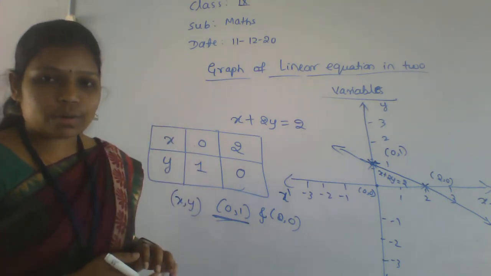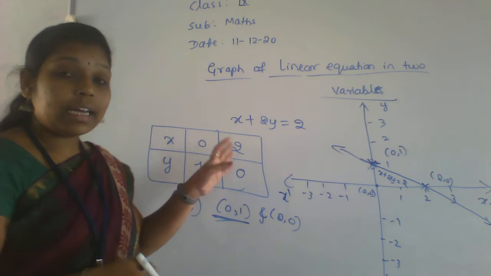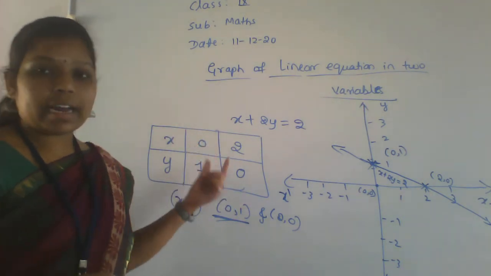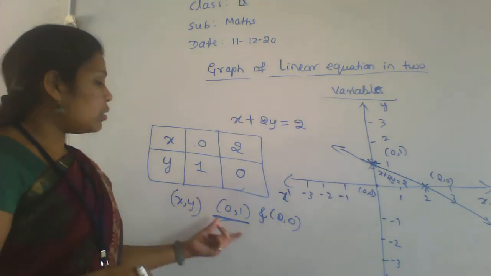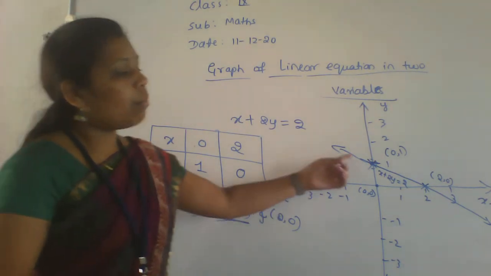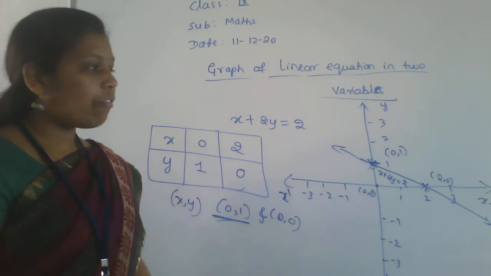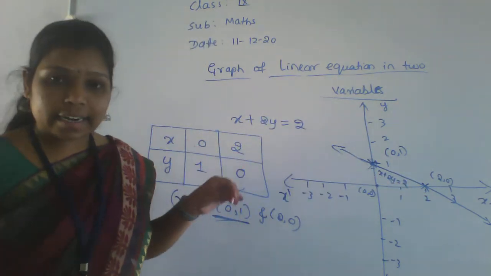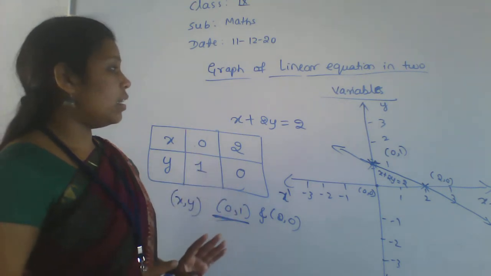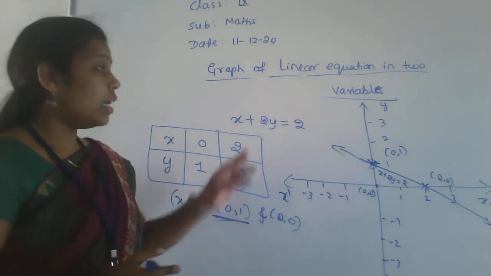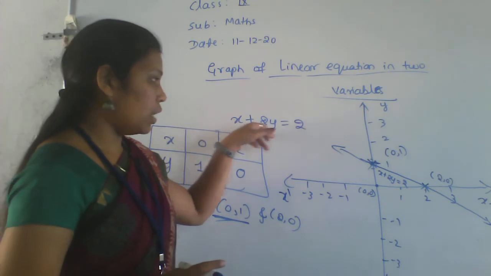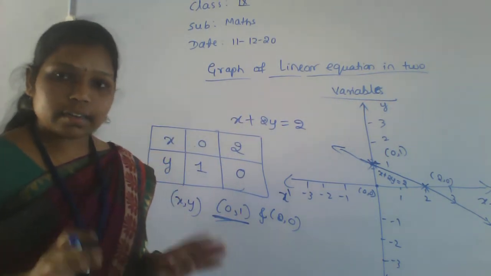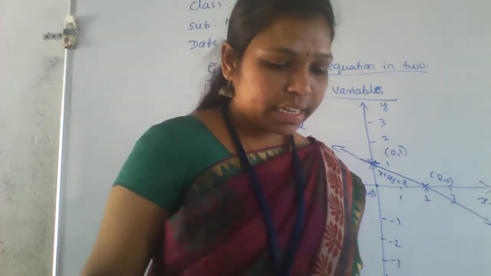You will get two coordinate points. Mark those points on a graph and join them. You will get a straight line, and that straight line represents the given equation, x plus 2y is equal to 2. Clear? Right? Okay.